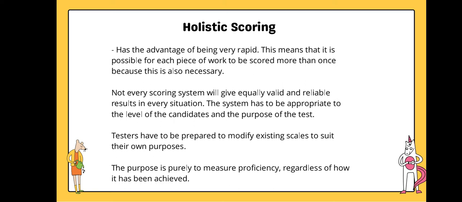The system has to be appropriate to the level of the candidates and the purpose of the test. Testers have to be prepared to modify existing scales to suit their own purpose. The purpose is pure to measure proficiency regardless of how it has been achieved.